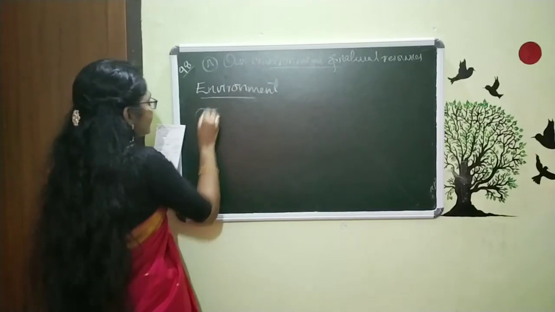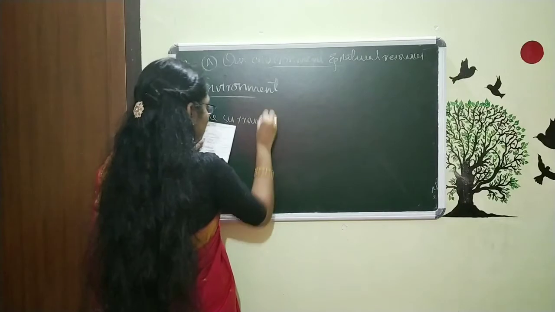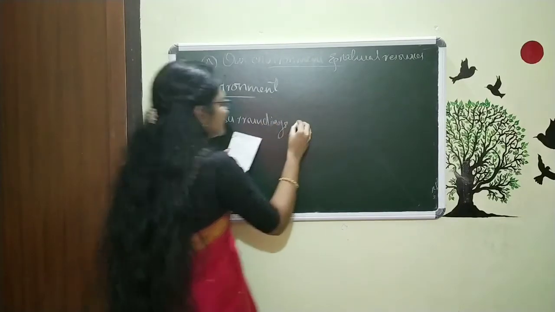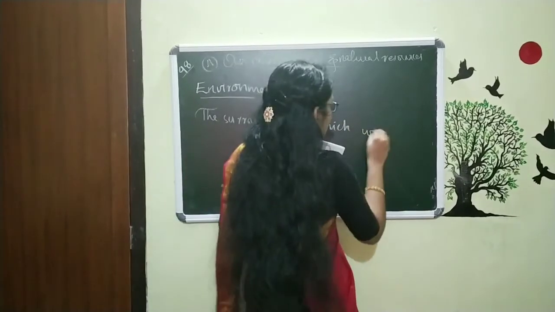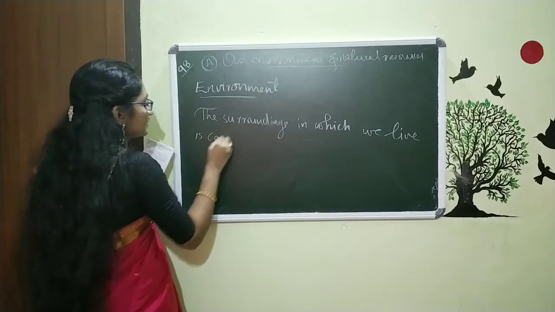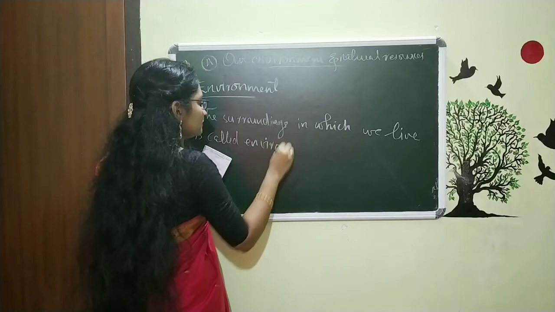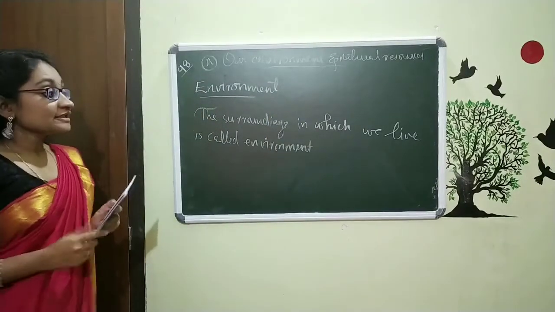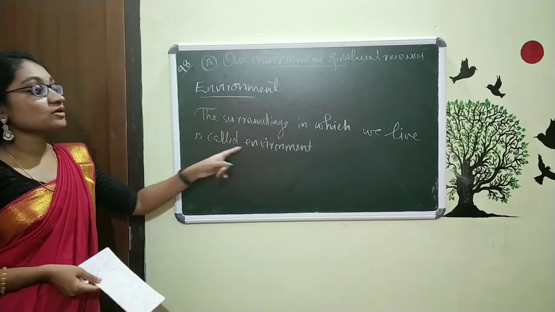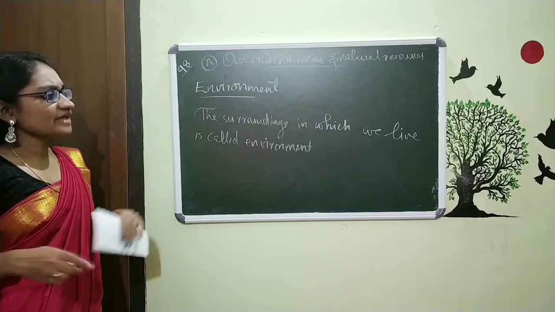The surroundings in which we live is called the environment. So the thing is very simple. The surroundings in which we live is called what? Environment. And what does it include?